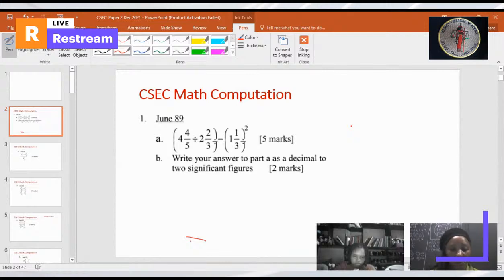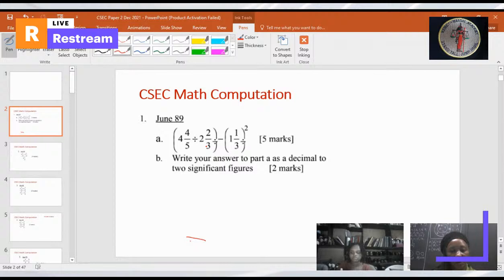All right. So what are we going to do first in part A? The brackets. All right, so let's work the 4 and 4/5 divided by 2 and 2/3.